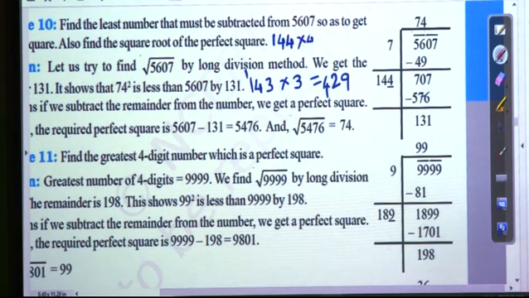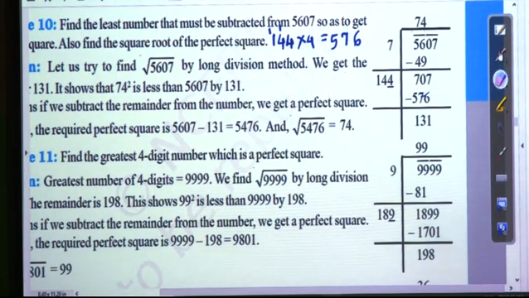144 fours are. 4 fours are 16, carry 1. 4 fours are 16 plus 1, 17, carry 1. 4 ones are 4 plus 1, 5, 576. This is also smaller. So let us check for the next digit, that is instead of 4 we are taking 5 and we are multiplying by that.